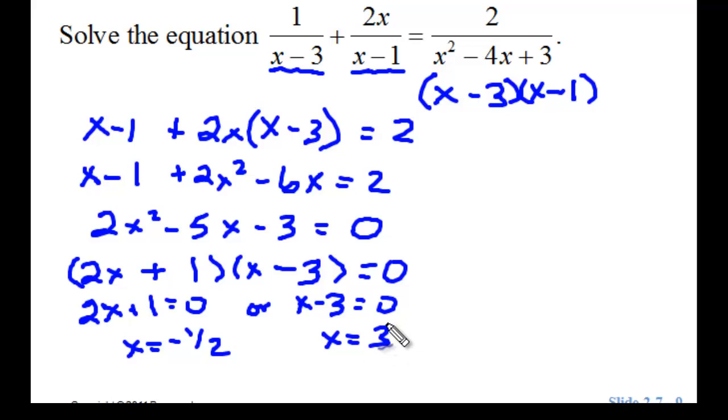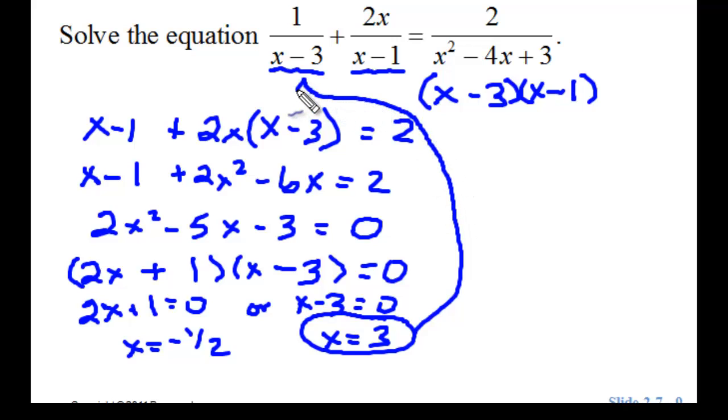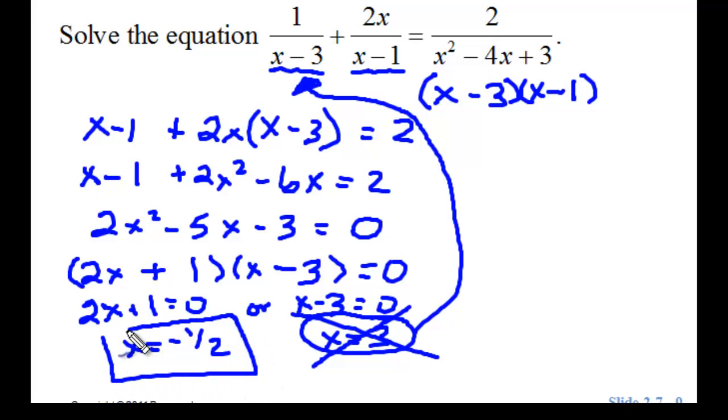Now we have to go back and look at x equals 3. If we put this back into the equation, we will end up with a division by 0. This is called an extraneous solution. We have to eliminate that as one of our choices. So the only answer is going to be x equals negative 1/2.